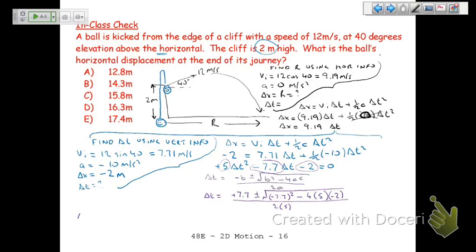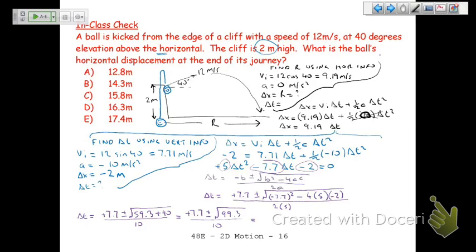So I'm going to go way over here. Delta t is equal to plus 7.7 plus or minus the square root of 7.7 squared, 59.3, plus, because it's minus and a minus, 40, all over 10, which equals plus 7.7 plus or minus the square root of 99.3 over 10.